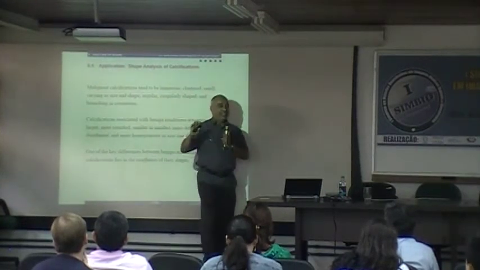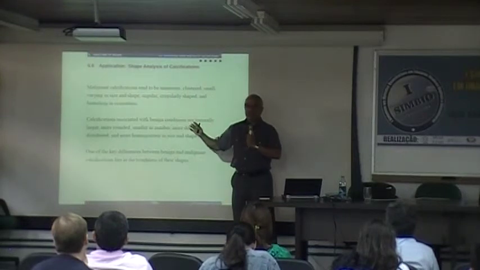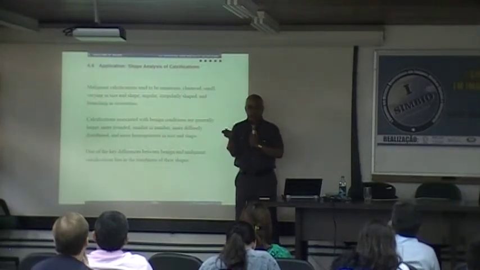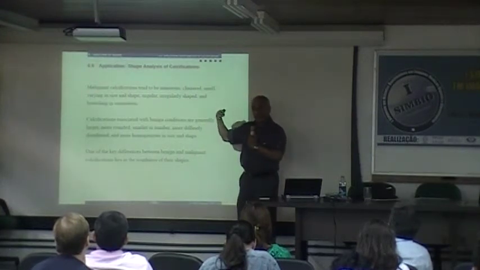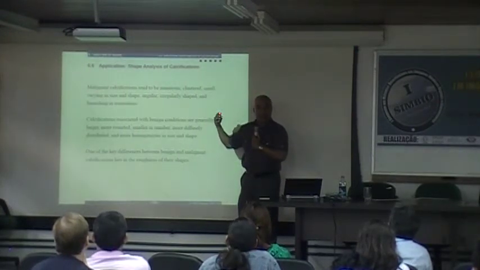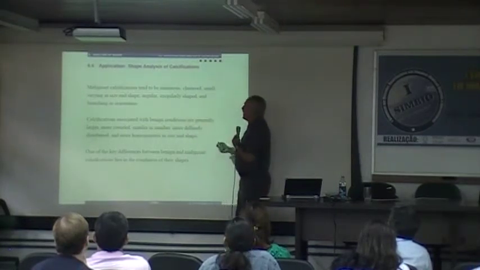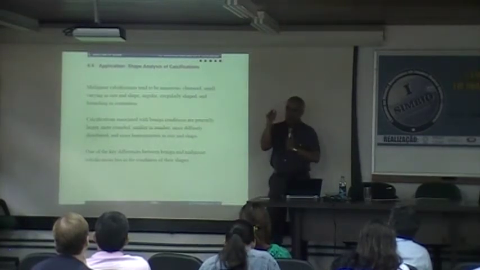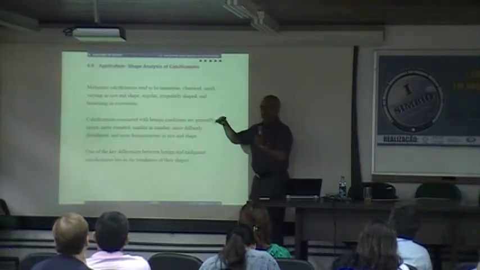It is said this way, but of course they are not born being large. They have to start small and then they become large. So if they are large, it means they have already been growing for some time. But this is how it is defined. But if calcifications are very small and there are many in a cluster, the radiologist immediately says, go for a biopsy.